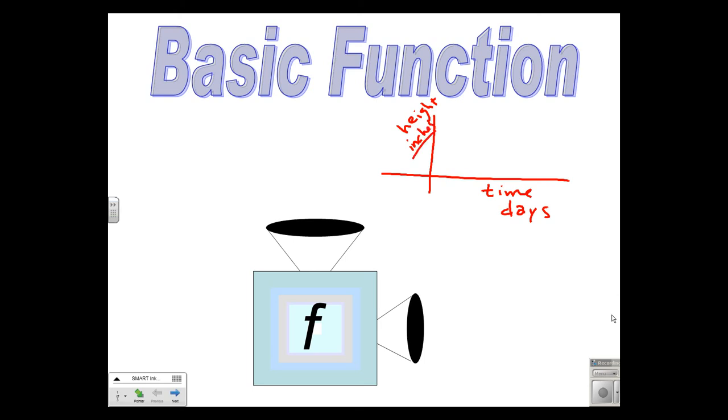And I typically talk about corn growing. So for instance, plot a graph where the instructions on the corn say plant the corn on day 0, 2 inches deep, and the corn's going to grow 2 inches every 3 days.